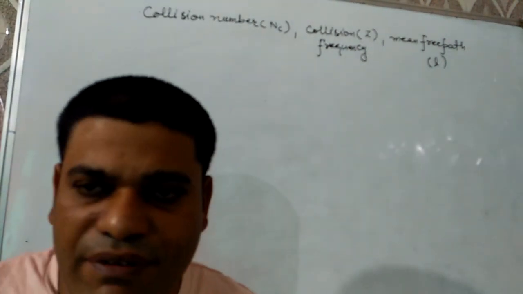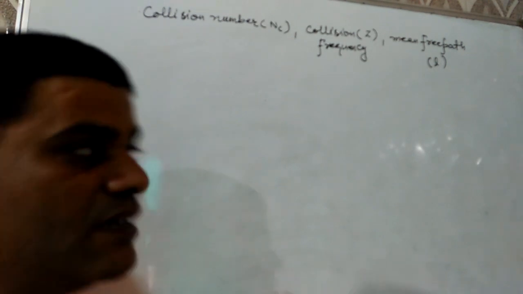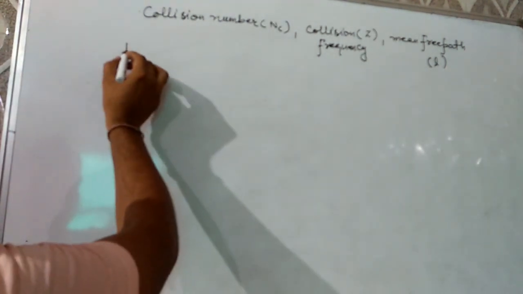First we have to discuss their definitions, then we will discuss their formulas. The first one is the collision number.